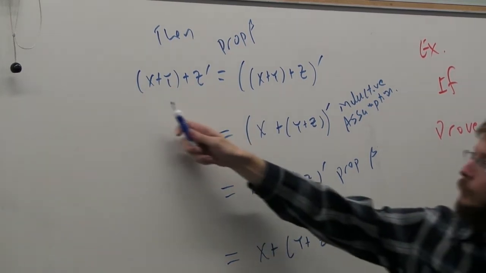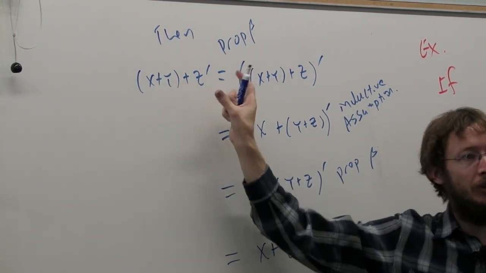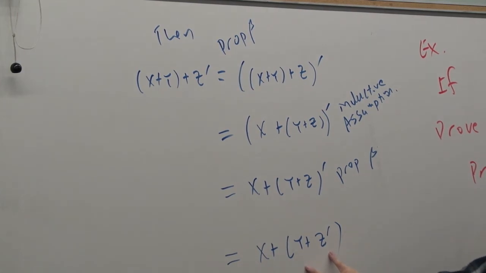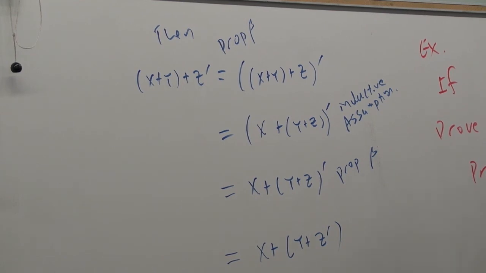And what do we have? We have that this set of parentheses, you can pick them up and shuffle those parentheses around to where you're now grouping the second set of terms. We proved that that property holds for 1, and we proved that it holds for all successors. And so by induction, it has to hold for all natural numbers.